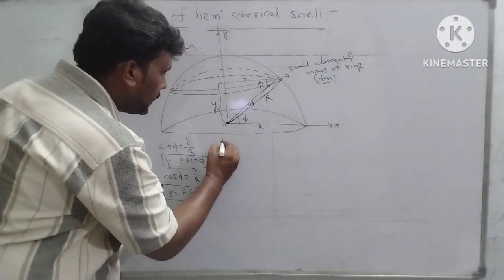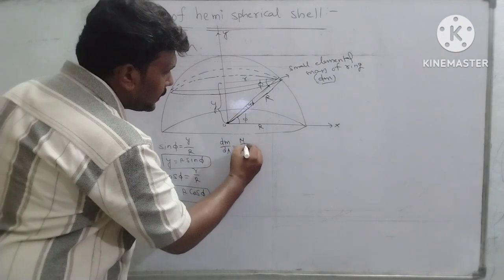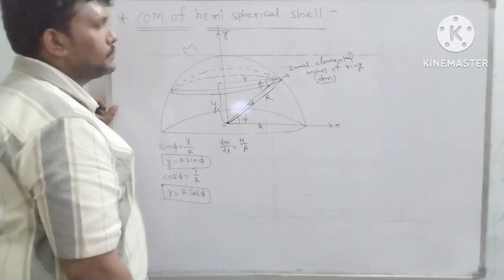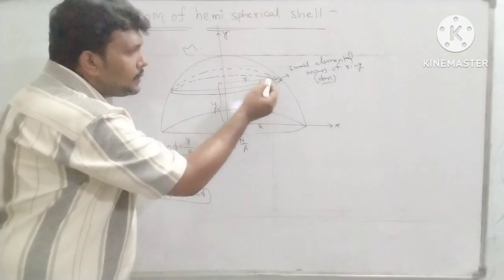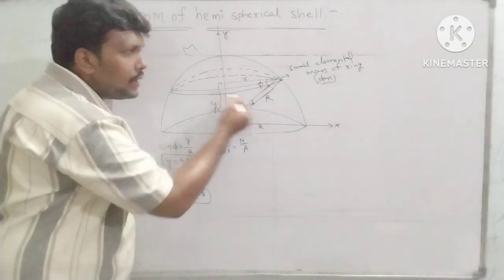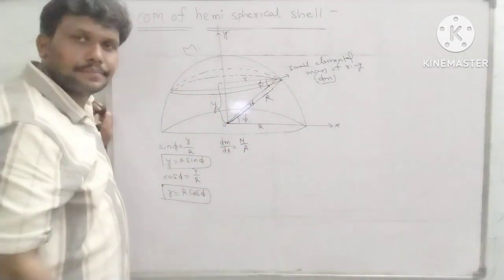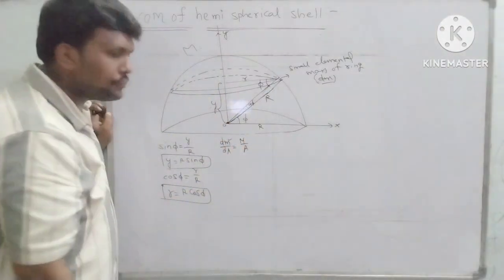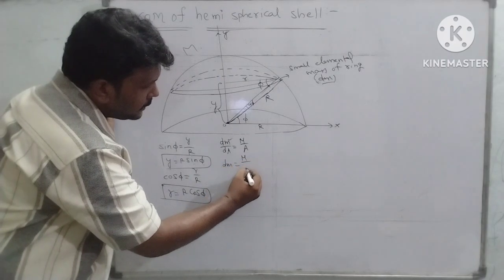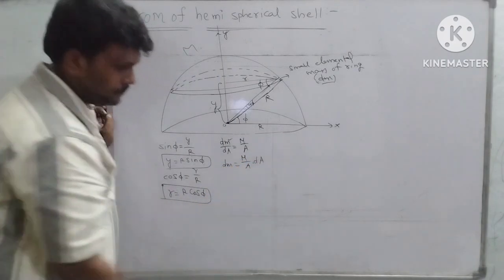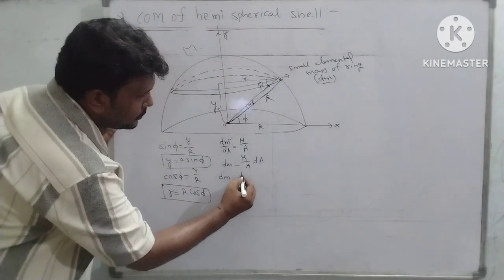That is possible by dm by dA is equal to M by A. Small elemental mass by elemental area of the ring, total mass by total area. My aim is to find this dm. So you write dm is equal to M by A into dA. Clear?